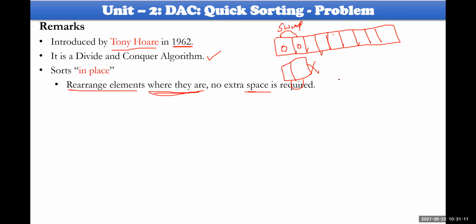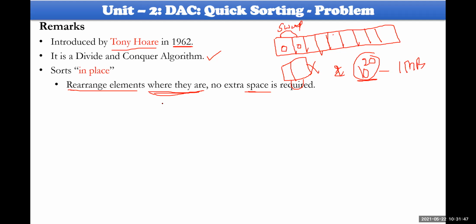For example, if 10 power 20 records of a file are being sorted, and each record size is, for example, 1 kilobyte, otherwise 1 megabyte, and you want to do the same operation using merge sort, it would require 1 terabyte of extra space. So that is the problem with merge sort.